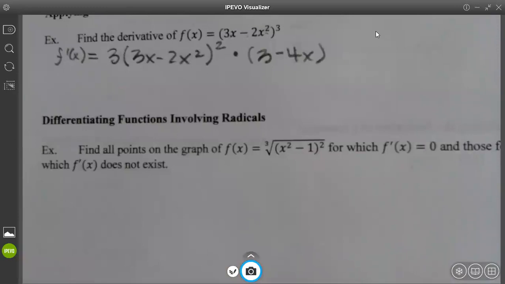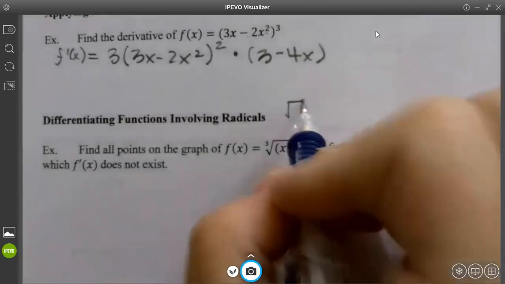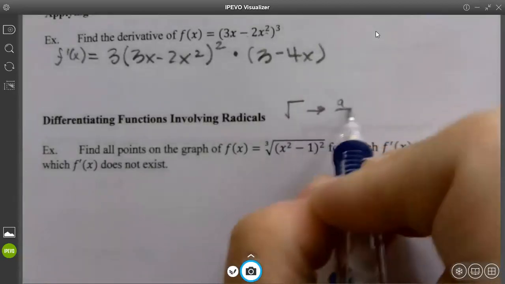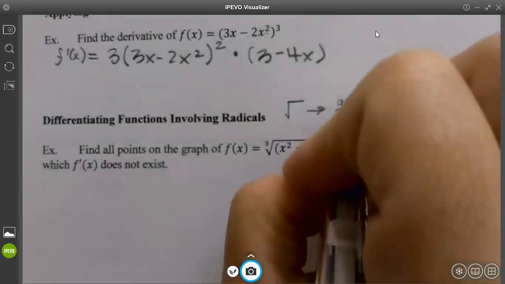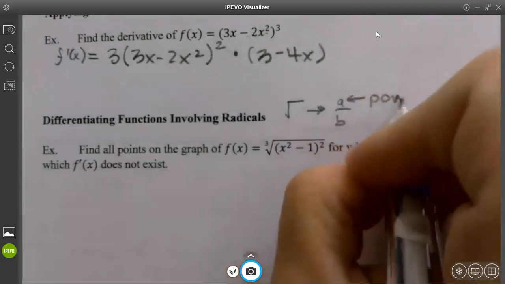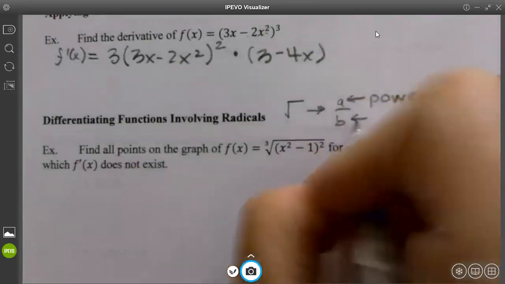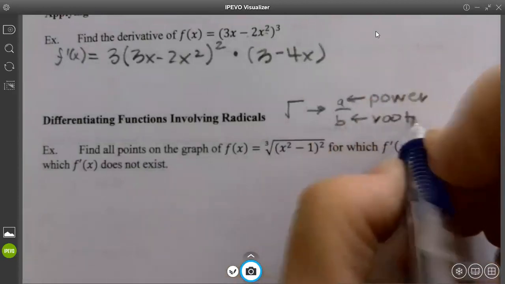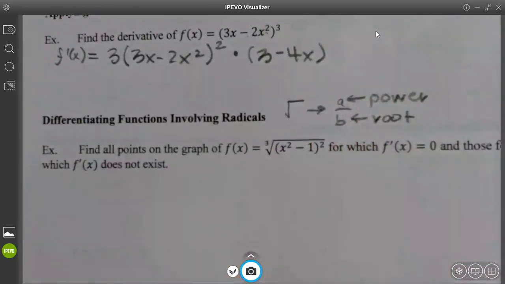All right. So here's what you have. Remember, we can write this cube root as a power, but we have a 2 underneath. So remember, I told you when you change it from radical to fractional power, this is the power underneath over the root. So what's our power underneath?